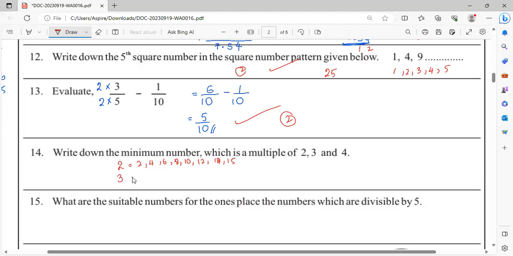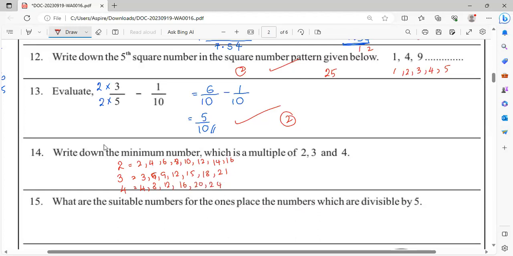Then 3: 3, 6, 9, 12, 15, 18, 21. 4: 4, 8, 12, 16, 20, 24, likewise.